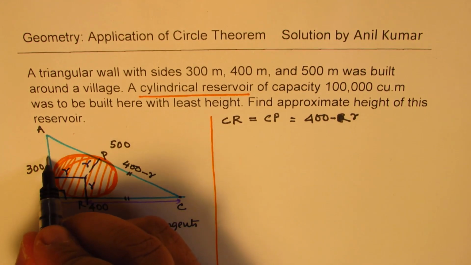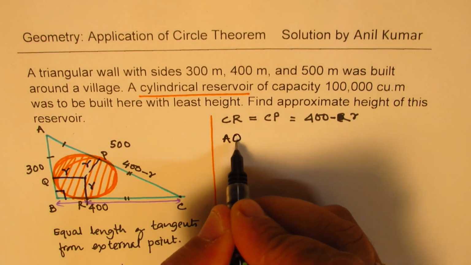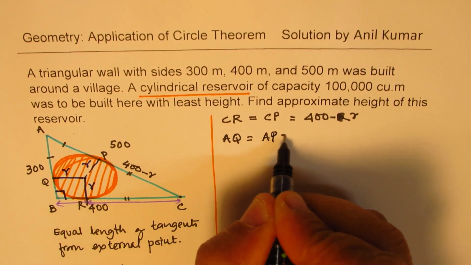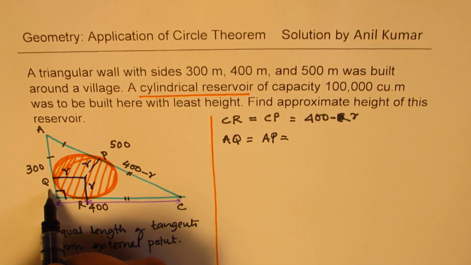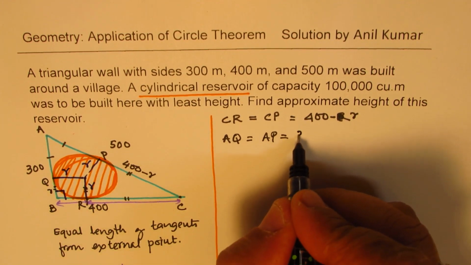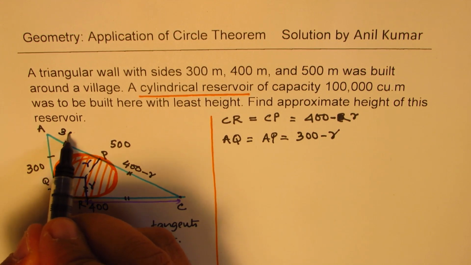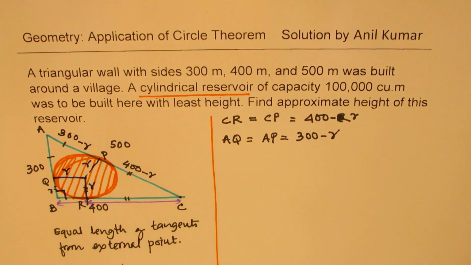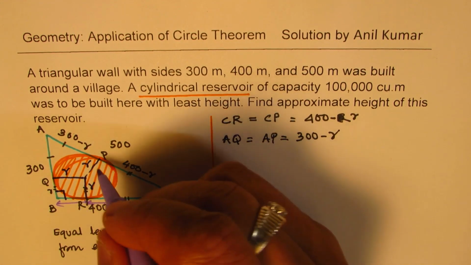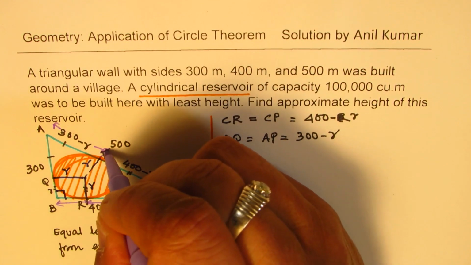Similarly, you will notice that AQ is the same as AP. So AQ is equal to AP, which is 300 minus R, because this is R, this radius. So this side will be 300 minus R. But what we are given here is a total length of 500, correct?